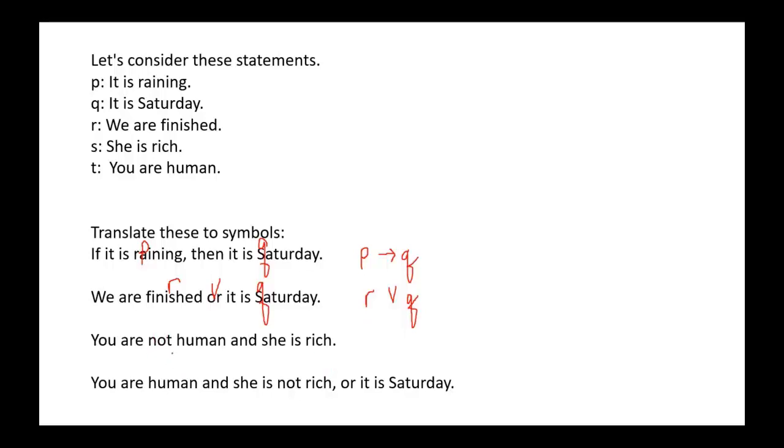Now our next sentence here has the negation in it. You are not human. So the negation is that tilde symbol, and then the rest of that says you are human. You are human is the statement T. So you are not human becomes not T. And, okay, and is kind of like a capital A without that crossbar, so that's and.